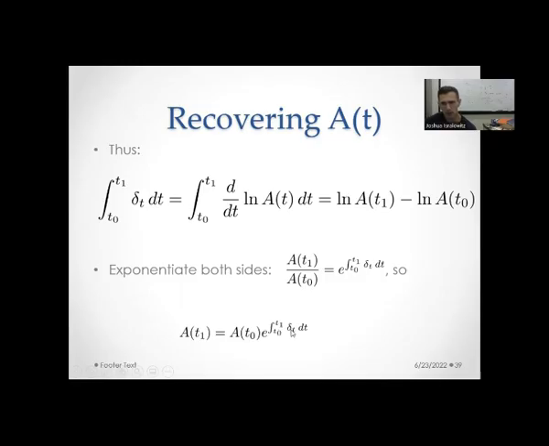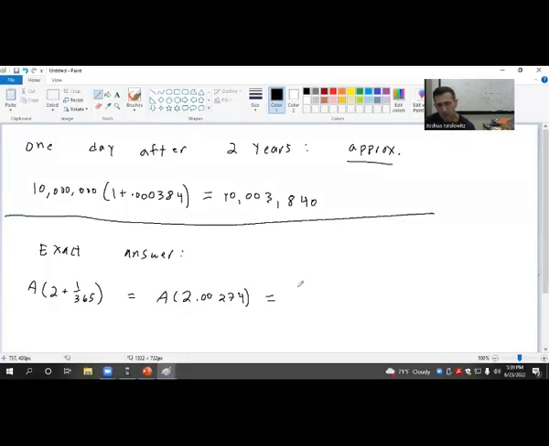Integrate with the integrand 0.07t dt, from 2 to 2.00274.